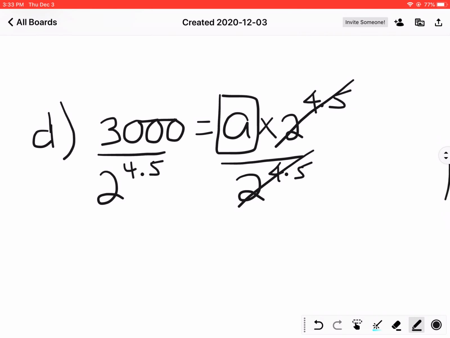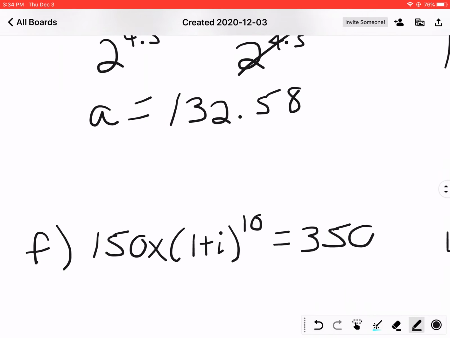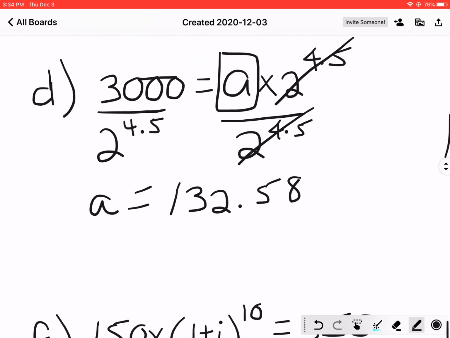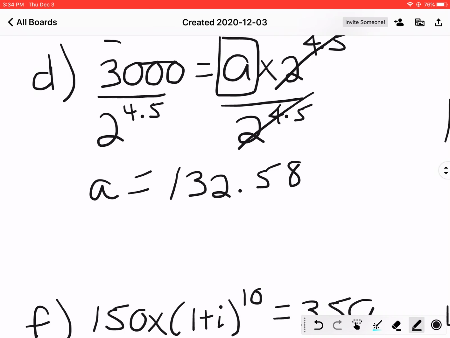And the answer, when we do this, I believe is 132.58. I'll leave that up for a second. Remember to use your a over b button for something like that, okay?